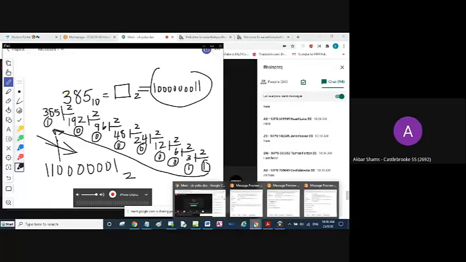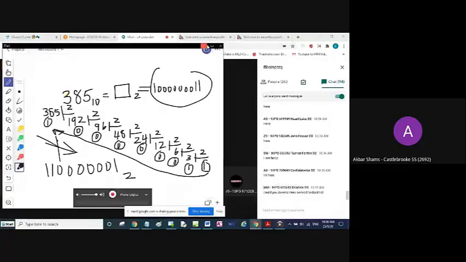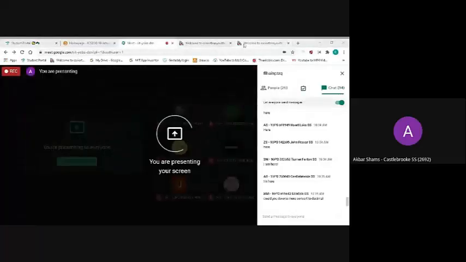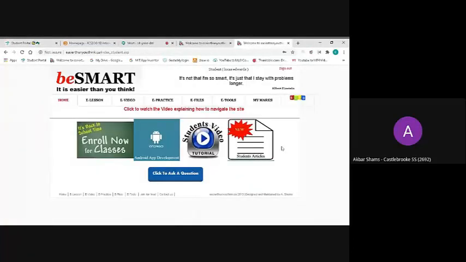Look at this one. Do you see this screen on Easier Than You Think?